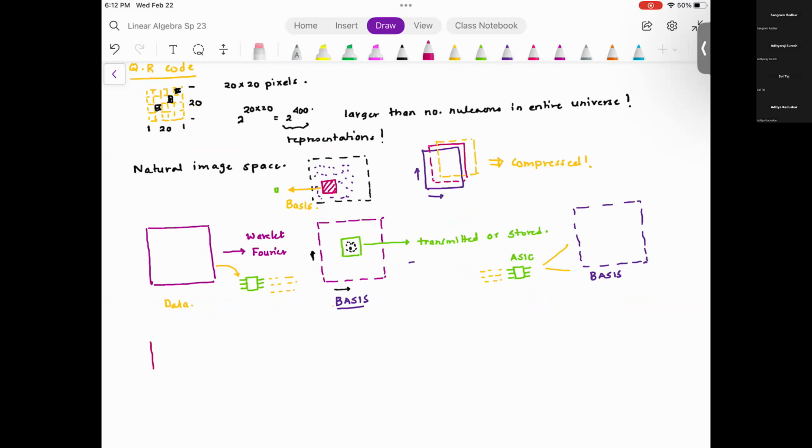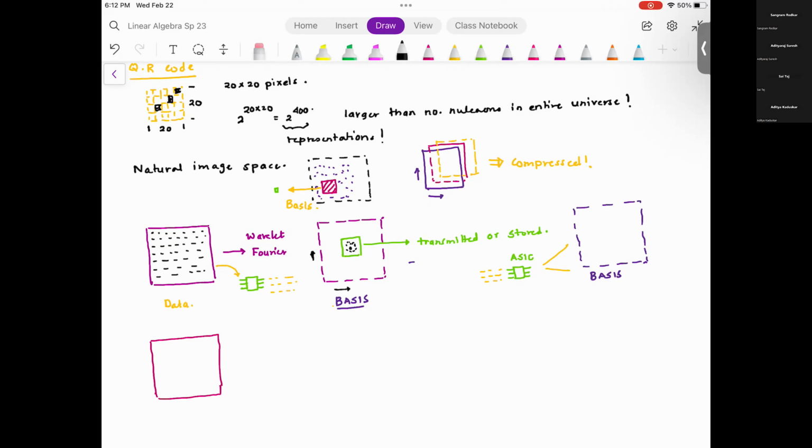So imagine you have this data set. In the first case, I scanned this whole data set line by line. As you can see, I scanned in the form of a raster, and then computed the Fourier coefficients and passed those Fourier coefficients.